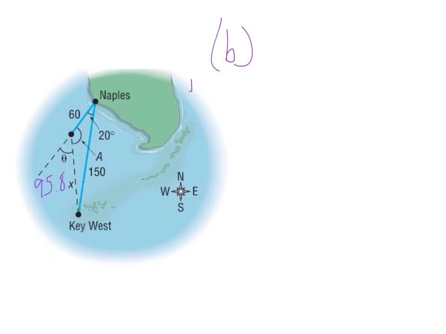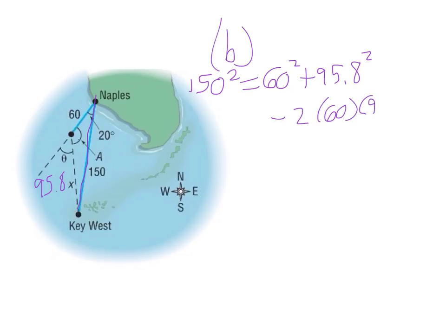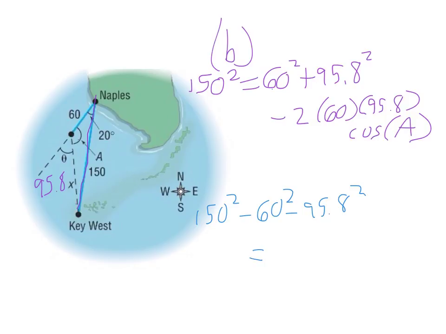The length of side a, the distance from Naples to Key West, or you can pretend it says Kanye West, is 150. So 150 squared is equal to the other two sides squared, 60 squared plus 95.8 squared, minus 2 times 60 times 95.8 times the cosine of angle A. So we could subtract 60 squared and 95.8 squared, so you would have 150 squared minus 60 squared minus 95.8 squared is equal to minus 2 times 60 times 95.8 times the cosine of angle A.